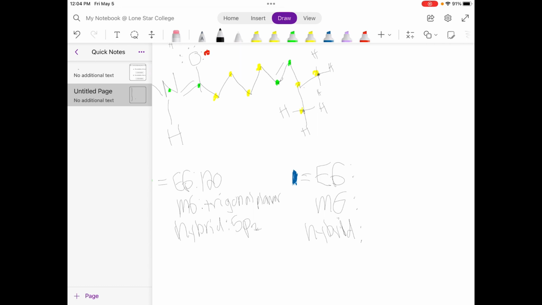Okay, let's see. I actually said it was bent or angular for molecular geometry. I'm gonna write bent. And for bent, it was 109.5. And since bent is 4, it is SP3.